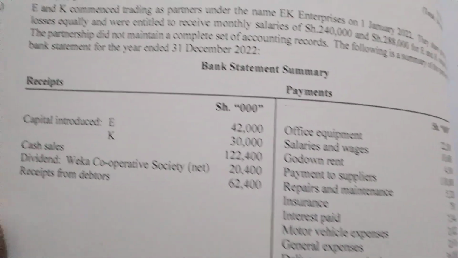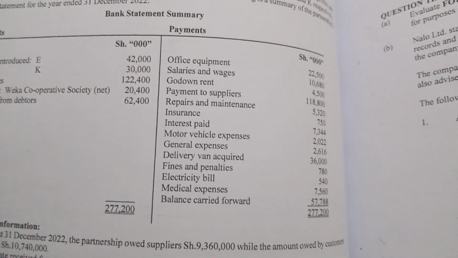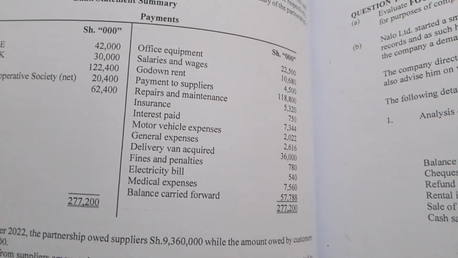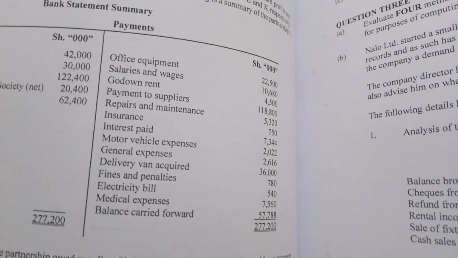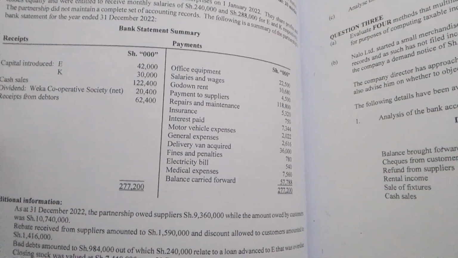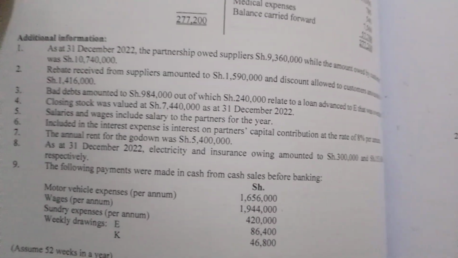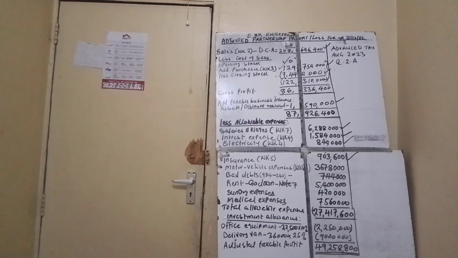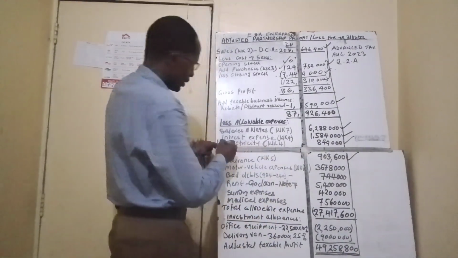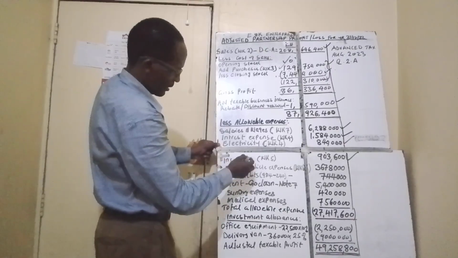And then you look at the bank statement on the credit side, establish how much was paid for insurance, and for electricity. So just combine the figures on the credit side of the bank statement with what you have in additional information number 8. And then what you have gotten is electricity and insurance.